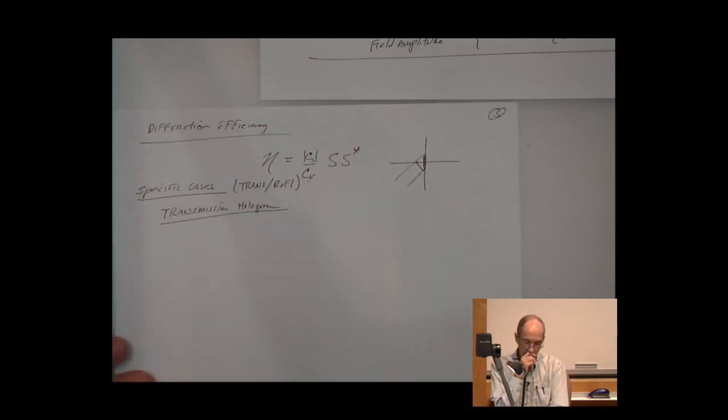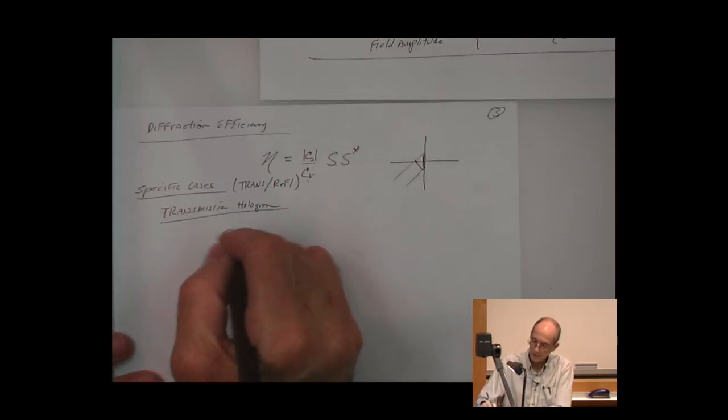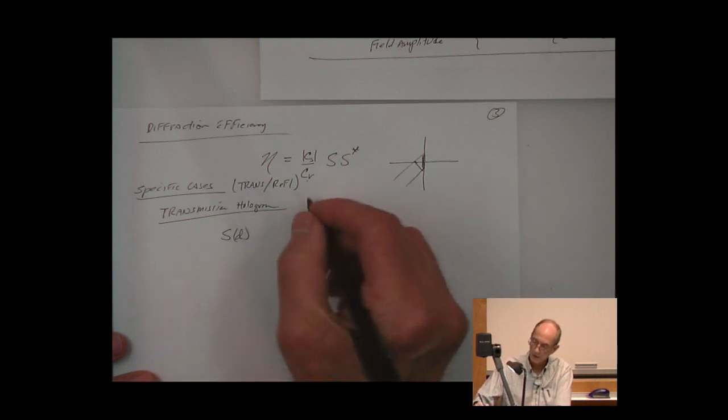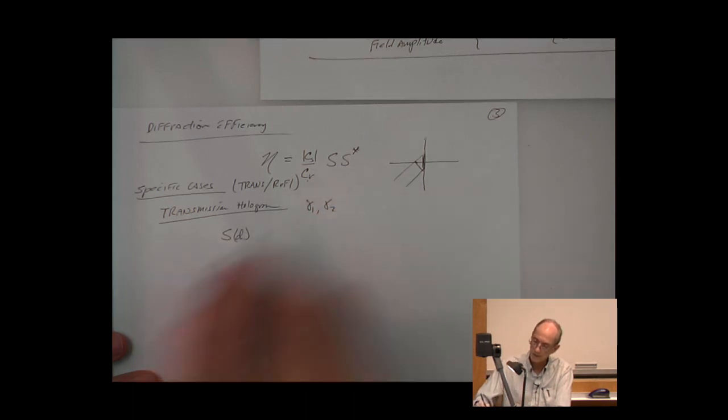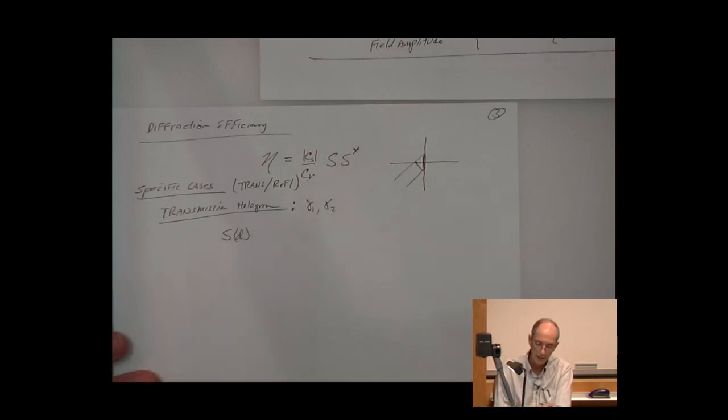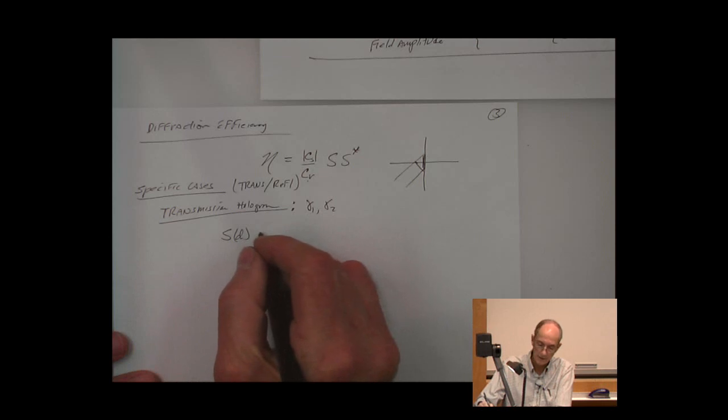And so let's rewrite this. So we have S sub D as the amplitude term that we need. And now let's add in the gamma 1, gamma 2 terms that are specific for the transmission case. And this is for a general transmission hologram still.